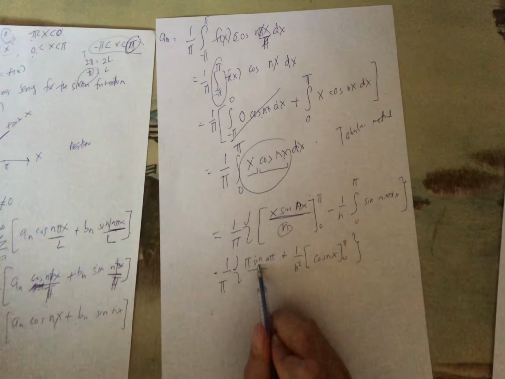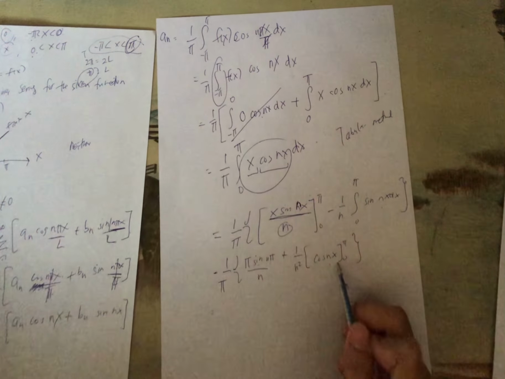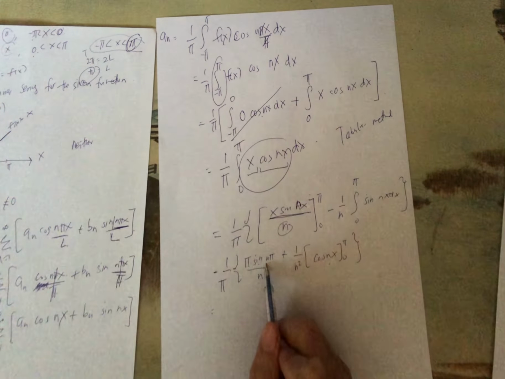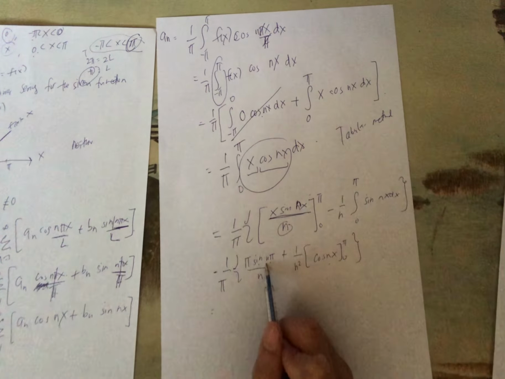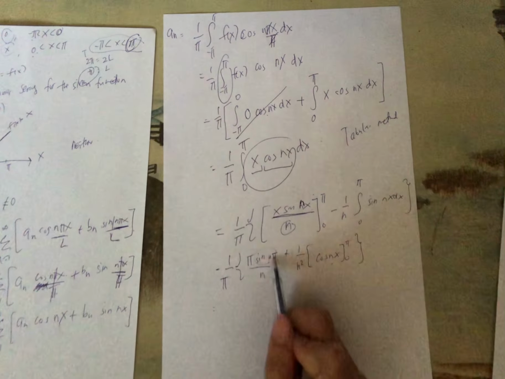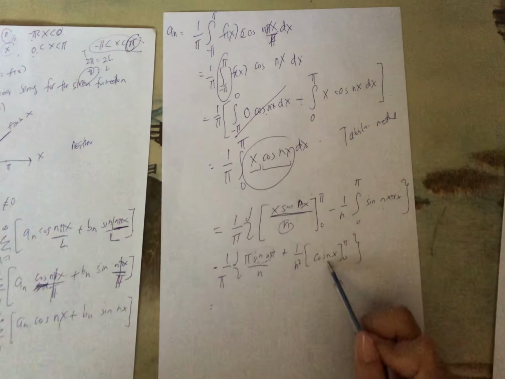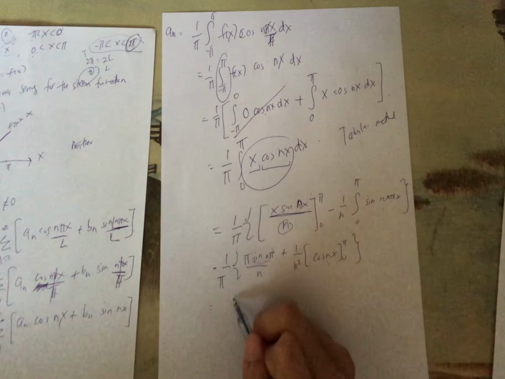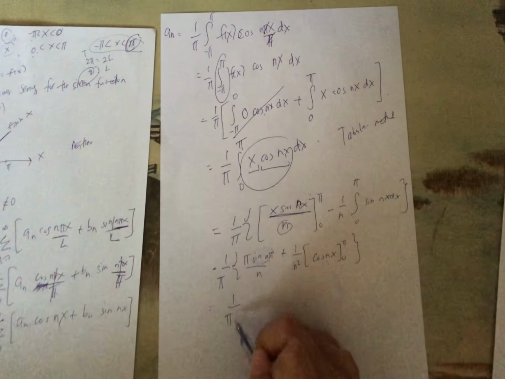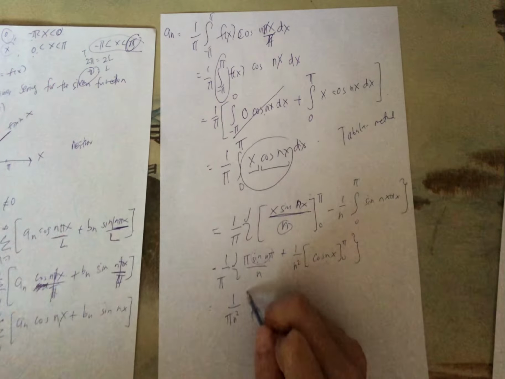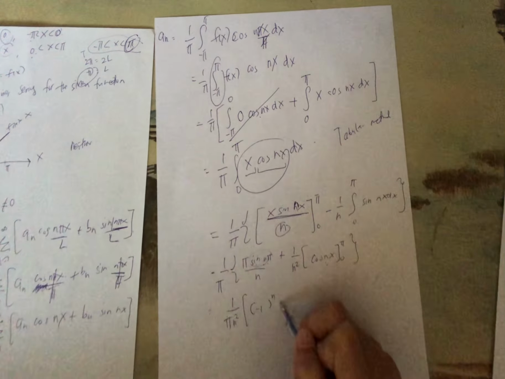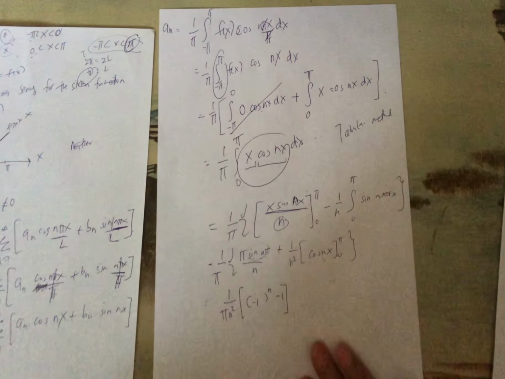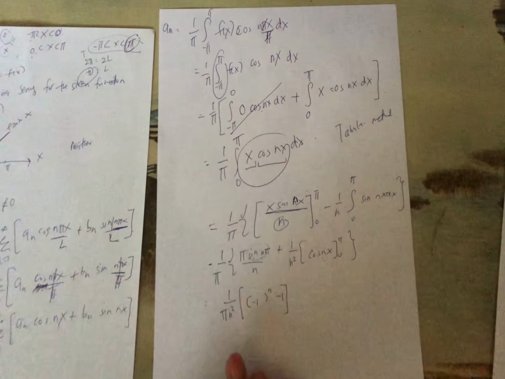You can see that you have sine n pi and cos n pi. Sine n pi, you will replace with 0, and cos n pi, you will replace with negative 1 power of n. Therefore, your final answer that you should get here is this one. So this one is your a_n.